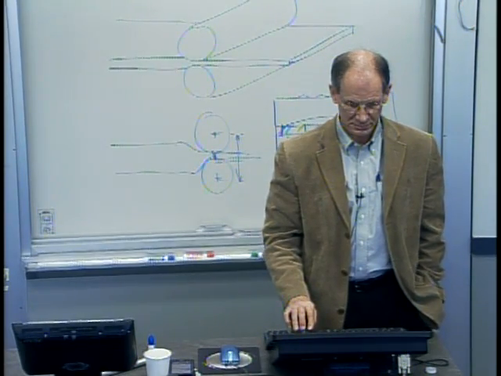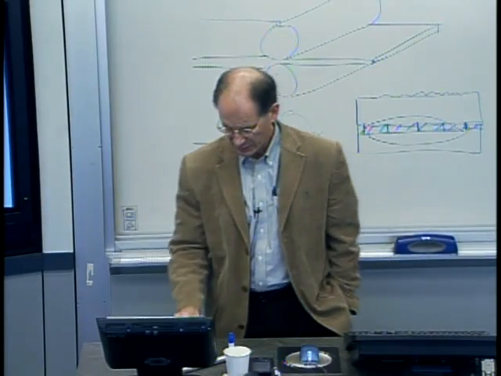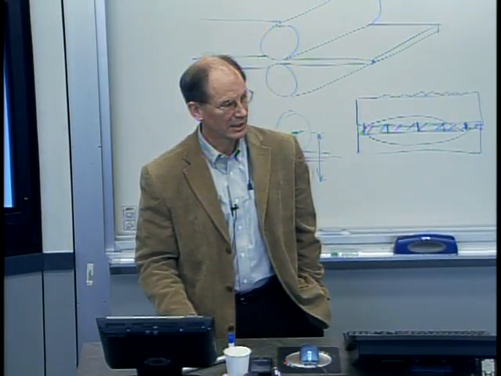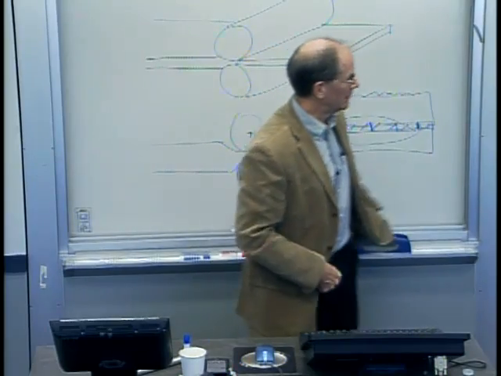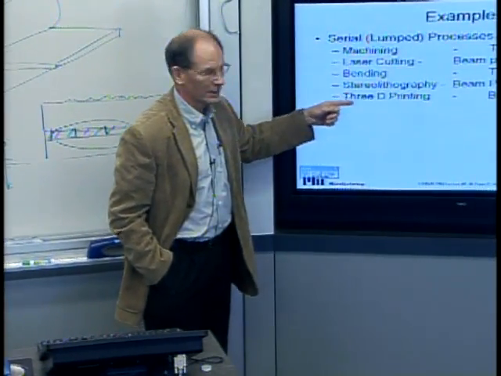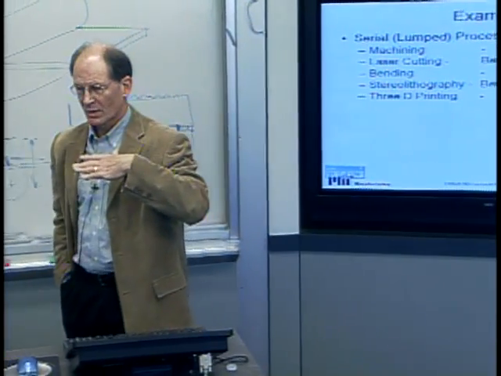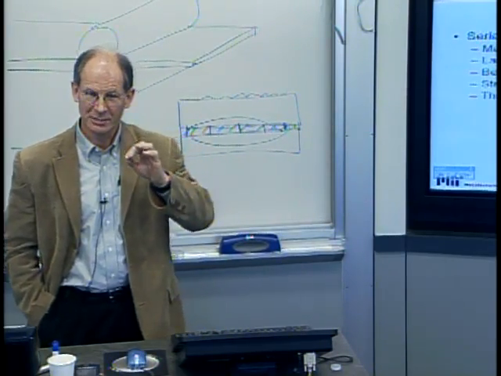Oh, yeah, you'll see this in a moment, but a lot of the so-called rapid prototyping methods that popped up in the 90s, or solid free-form fabrication, as the government likes to call it, stereolithography, sort of the first big one, 3D printing developed here, are serial processes. They turn out to be usually serial addition type processes.